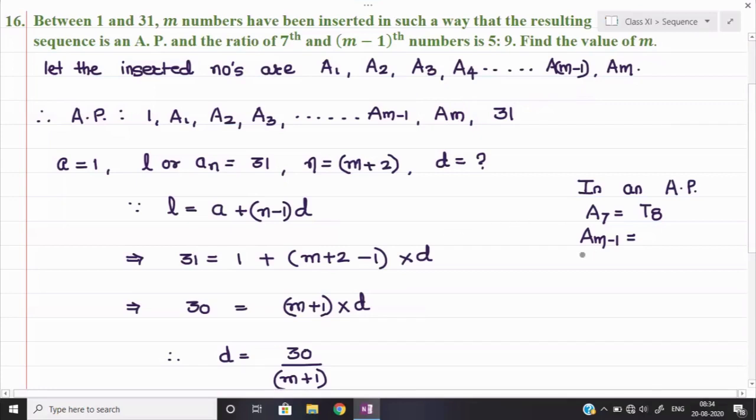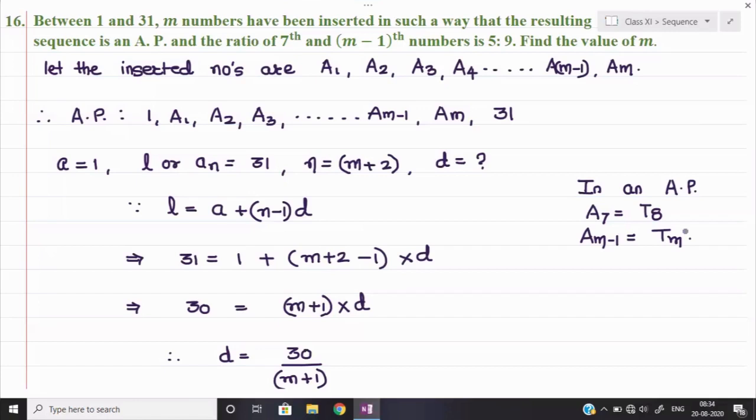So here we can say that am minus 1 will be equal to tm. That is the only point of confusion in this question, how we can say that am minus 1 is equal to tm. We can see a7 is equal to t8, that is very clear. We replace a7 by t8, the suffix 7 increased by 1 becomes 8.